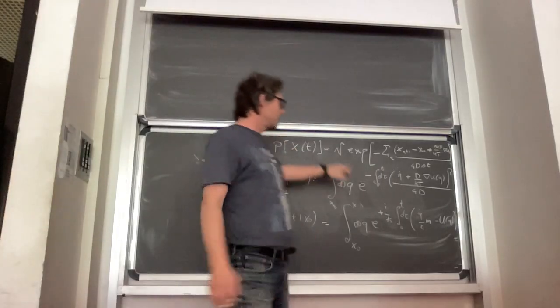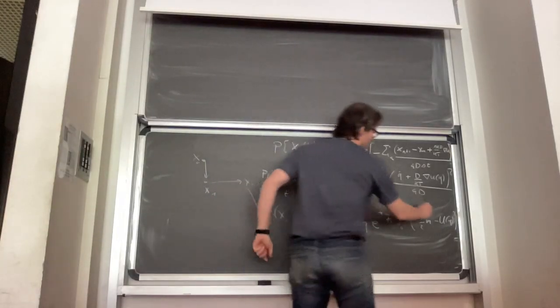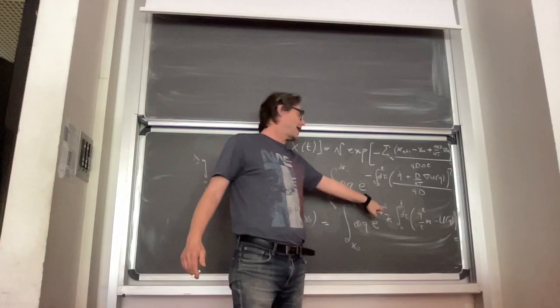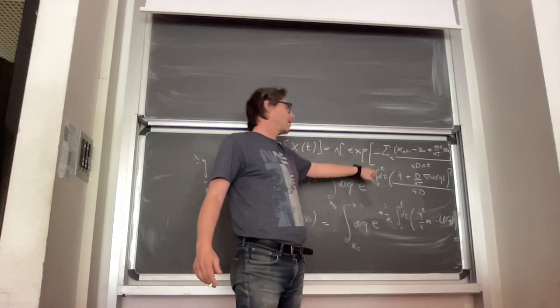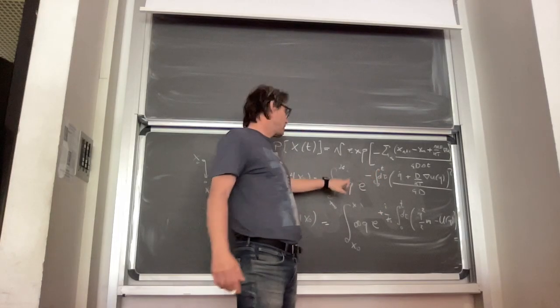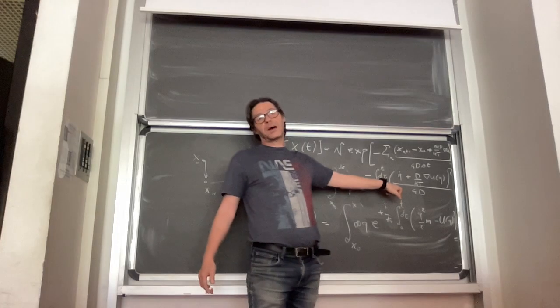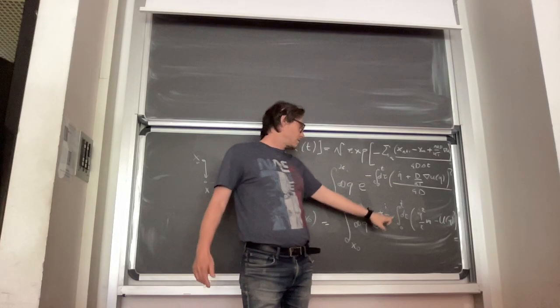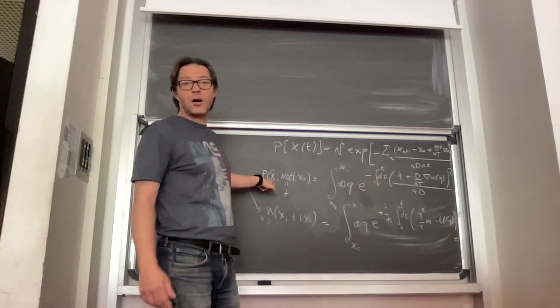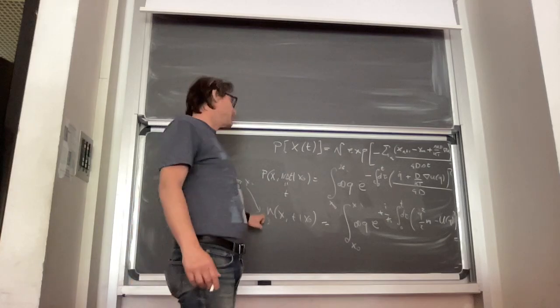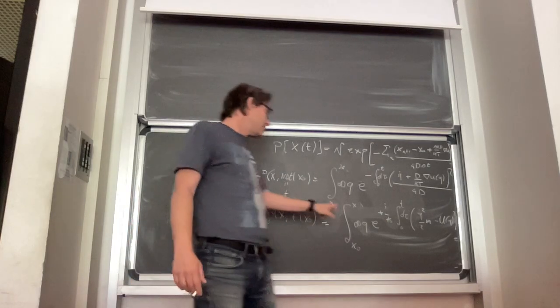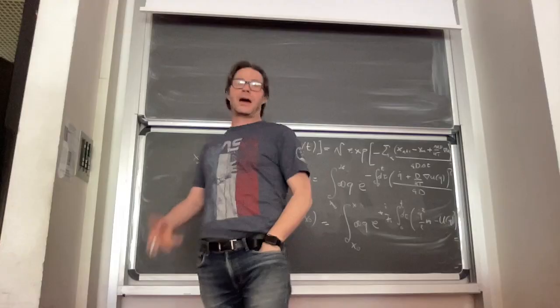First of all, the most striking analogy, of course, is that you have an i while you don't have an i here. So while this is strictly speaking the probability of a path, this is a probability of a process, this is an amplitude for a process, and this is a phase associated to the path.